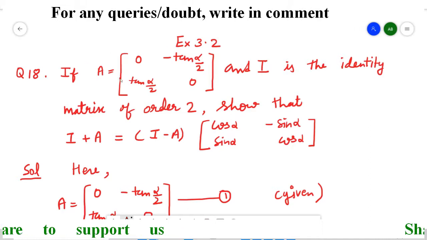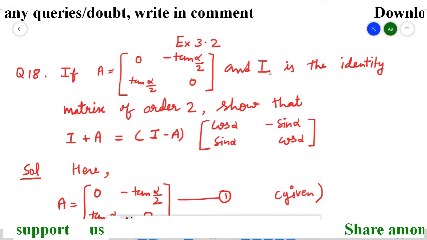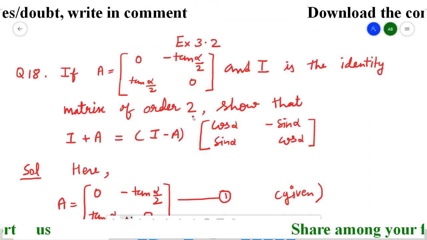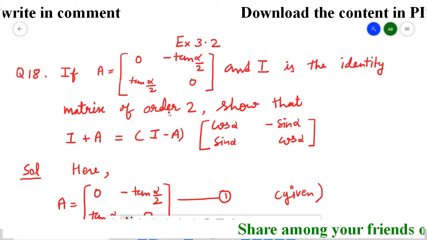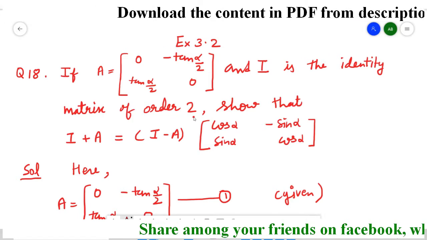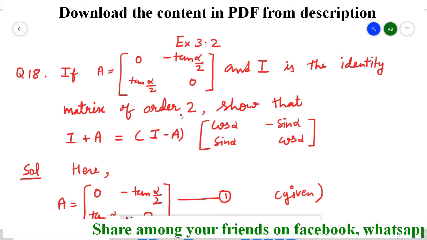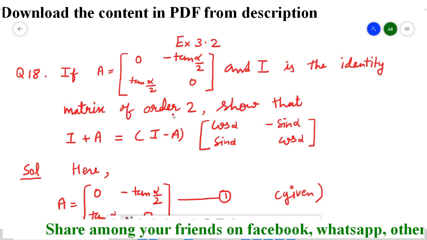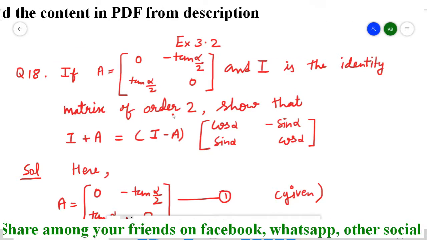If A is equal to a given matrix and I is the identity matrix of order 2. As I told you before, if the order is given like this, in which only one number is written, as you know, in order the number of rows and the number of columns are both written, first rows and then columns.